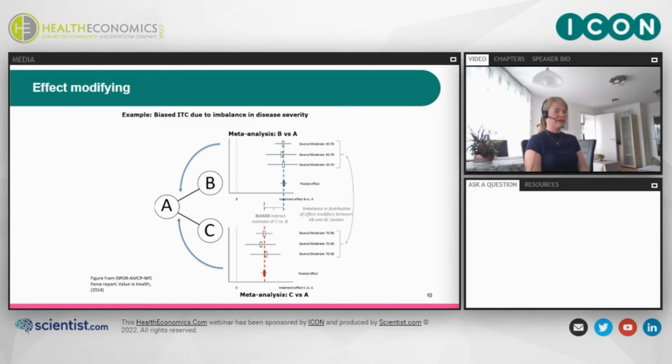In the B versus A trial, there were 30% of patients with severe disease and 70% with moderate disease. And in the C versus A trials, the situation was reversed. So if the disease severity has an impact on the treatment outcomes in this indication, then this would induce a bias in the indirect treatment comparison.